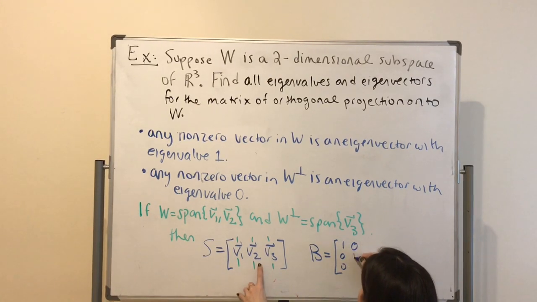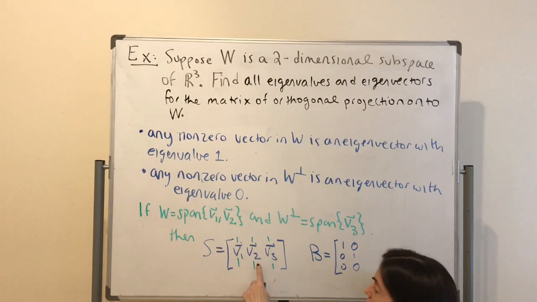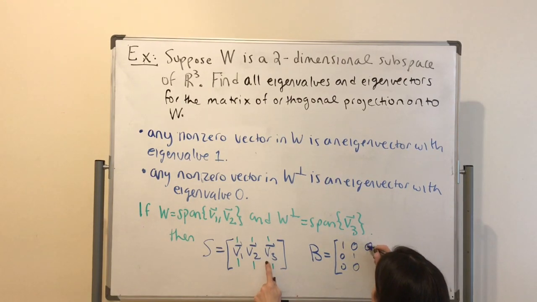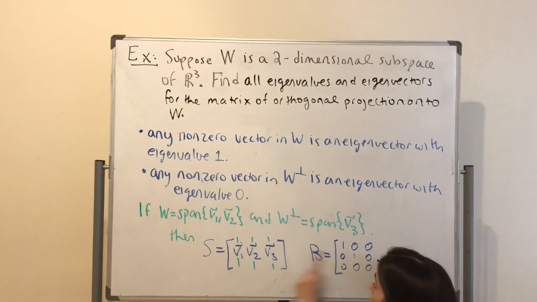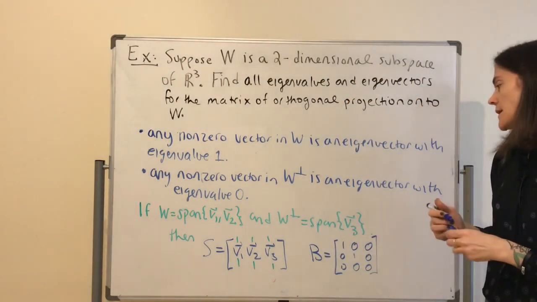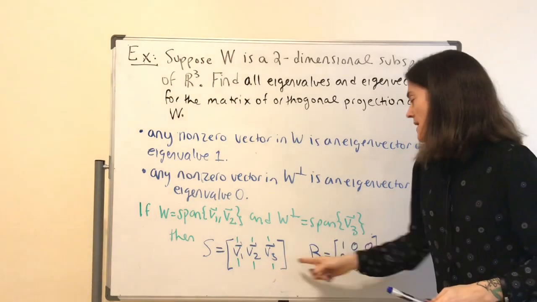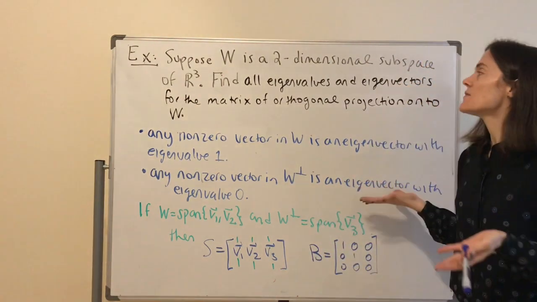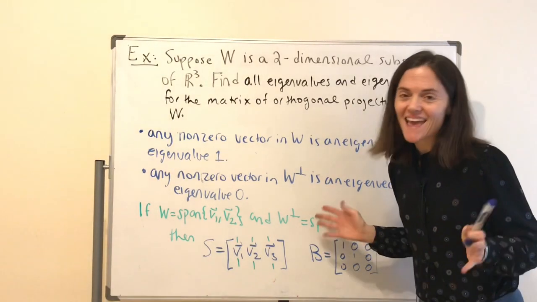The eigenvalue in the 2, 2 position corresponds to this vector. And finally, the eigenvalue here in the 3, 3 corresponds to this one. This third vector in W perp had eigenvalue 0. So this matrix and this matrix would give a diagonalization of the projection matrix A.